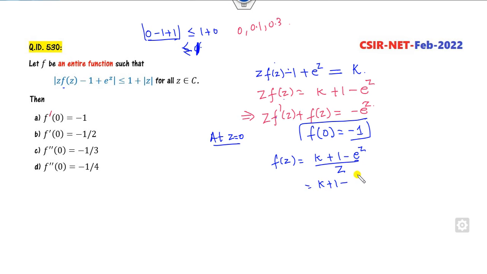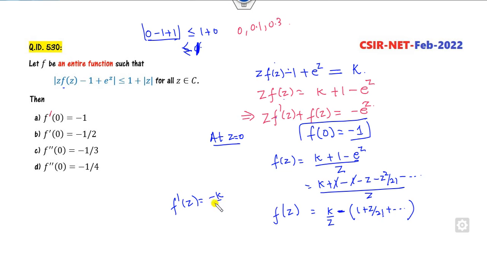So I can write e raised to power z as 1 plus z plus z square by 2 factorial and so on, divided by z. This cancels out, so I can divide by z on both sides. Minus is common, 1 plus z over 2 factorial and so on. So what is f of z? So what is the f dash of z?